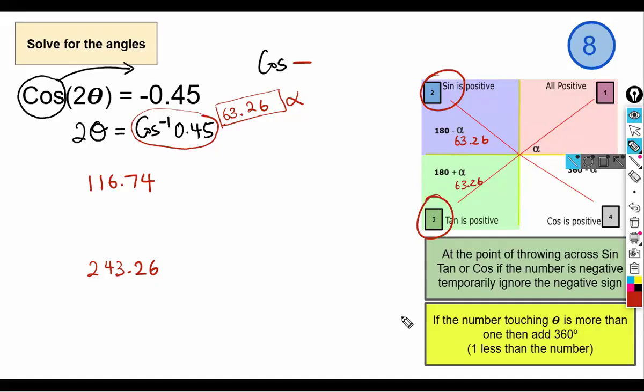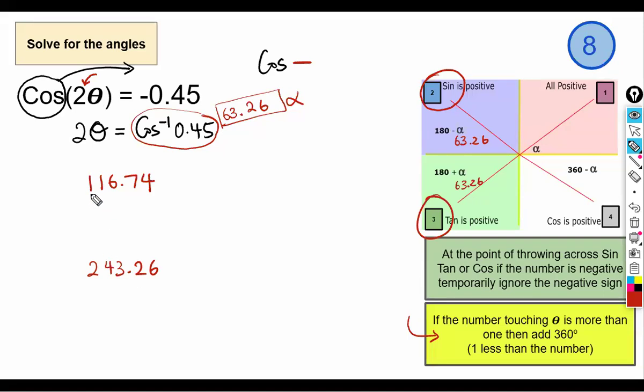The yellow note means that to each of these answers, we have to add 360 degrees. But how many times do we have to do it? We do it one less than the number touching the theta. What number is touching the theta? 2, right? How much is 1 less than 2? 1, right?